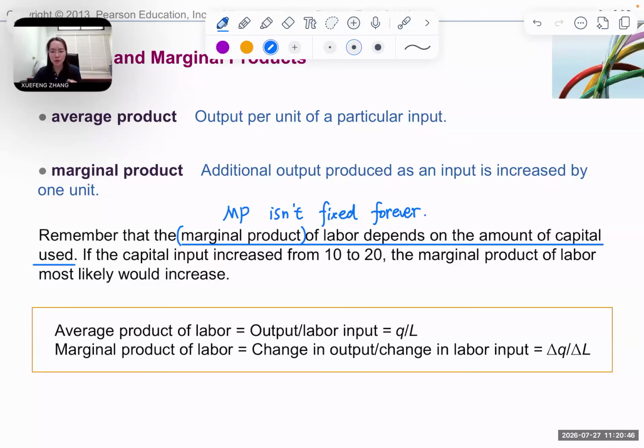One noodle cook with only one stove can only cook so fast. Given that same cook, 3 stoves, and their marginal contribution goes up, they can now produce a lot more. So marginal product of labor is always tied to how much capital is available.